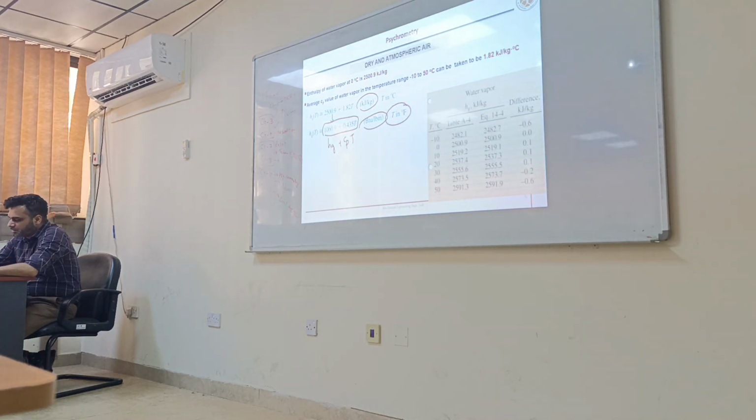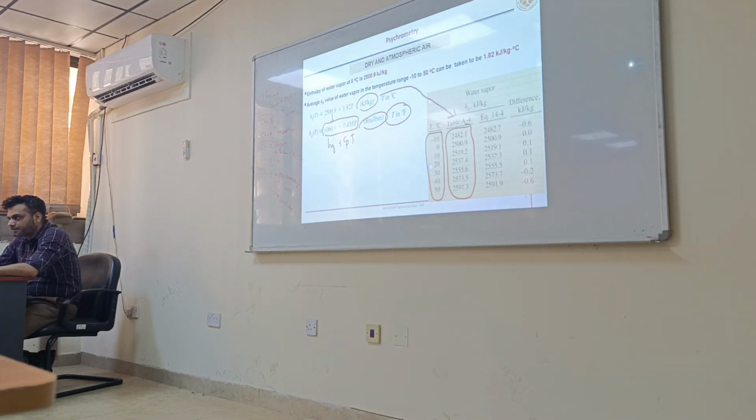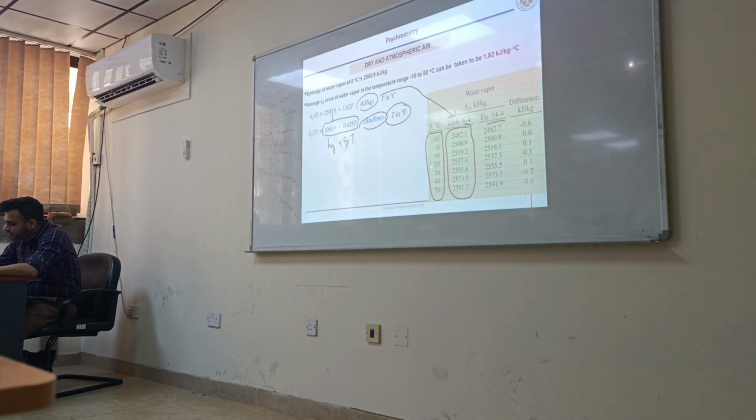Here, using this equation, are the enthalpy values at any temperature. And these are the enthalpy values from the steam table, and these are the enthalpy values using the equation we have just shown.